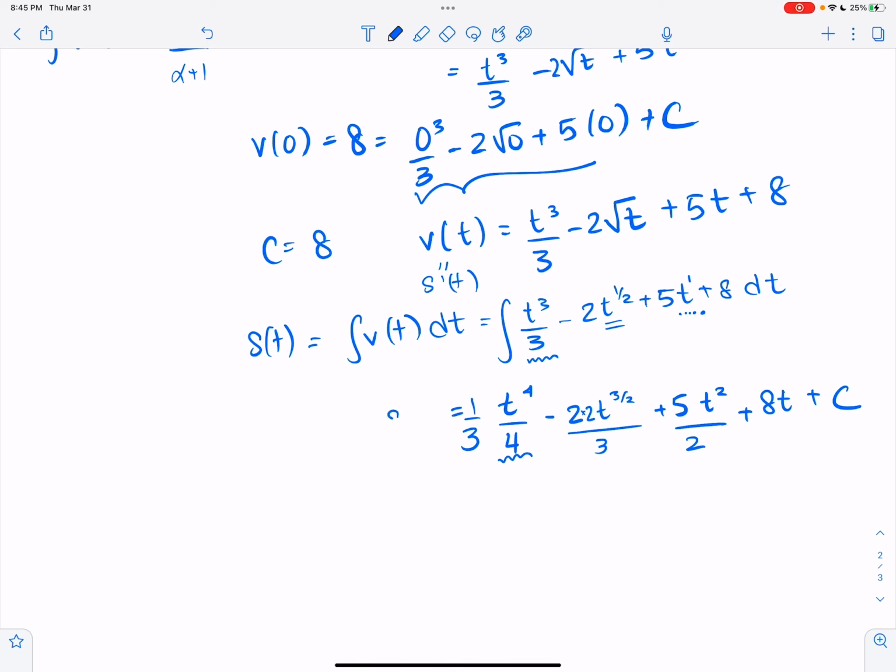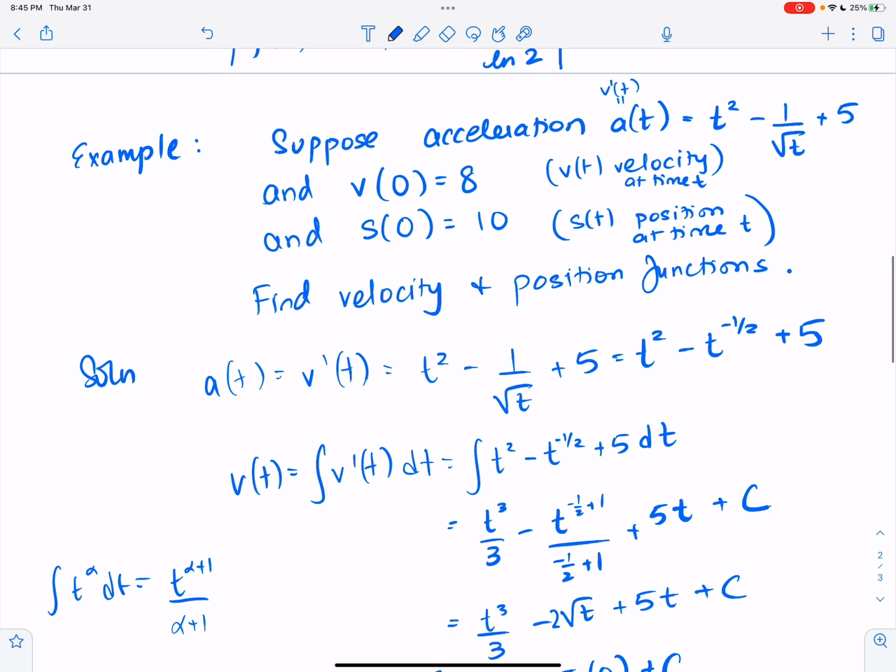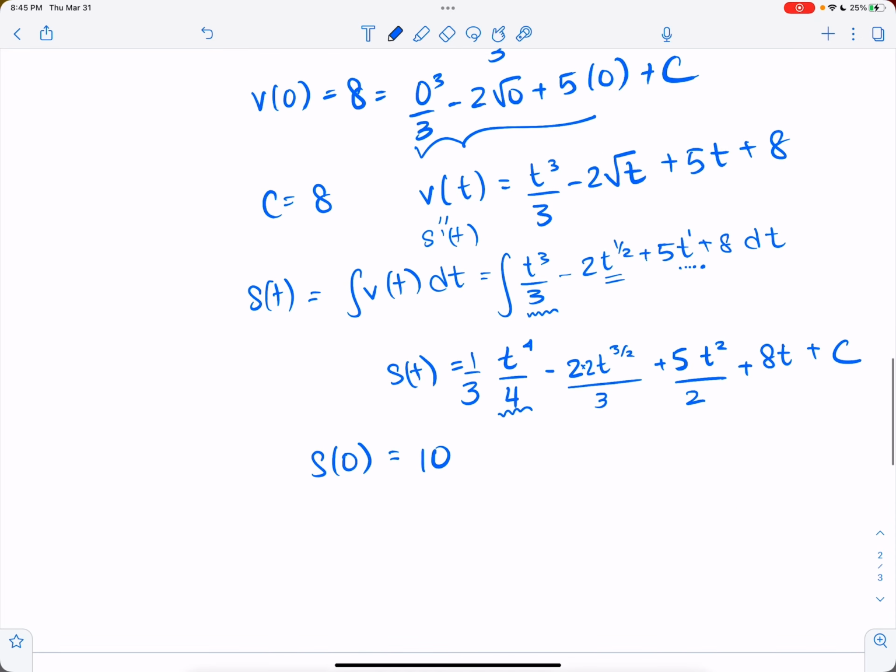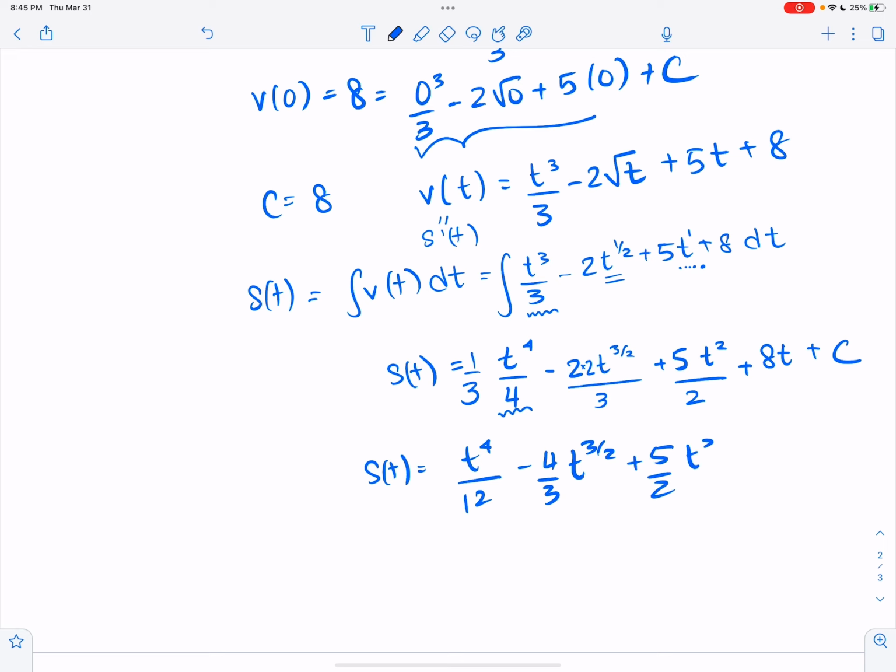Okay, so that is your s of t, but c can't just be anything, because you have to plug in 0, and you must get 10, because you're told that s of 0 is 10. Let's write s of t in a better fashion first. It's t to the 4th over 12 minus 4/3 t to the 3/2 plus 5/2 t squared plus 8t plus c, and we will find the c.